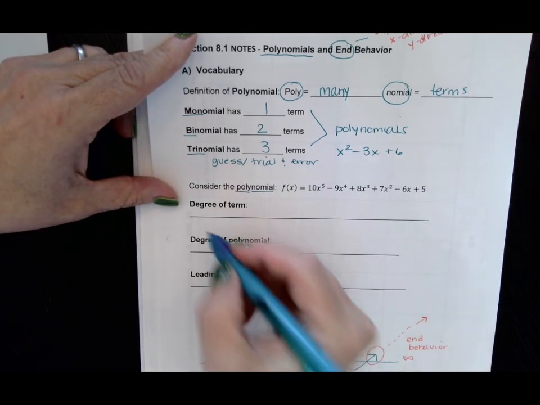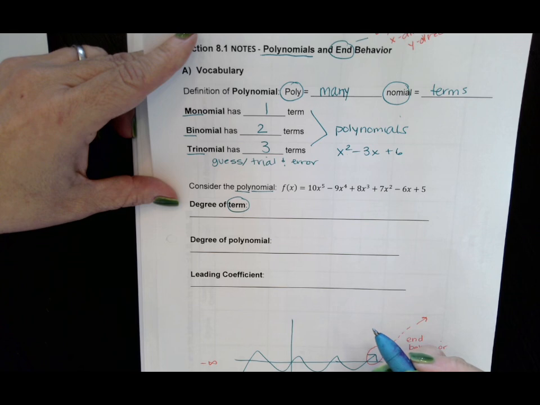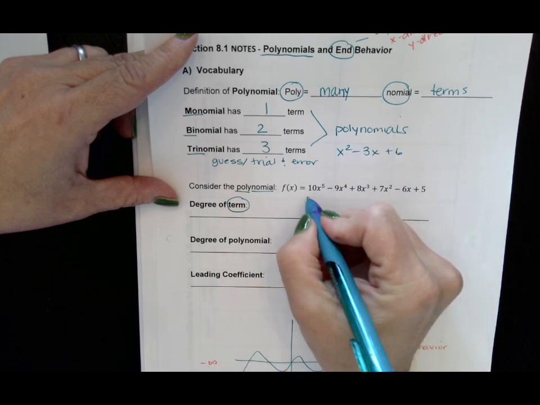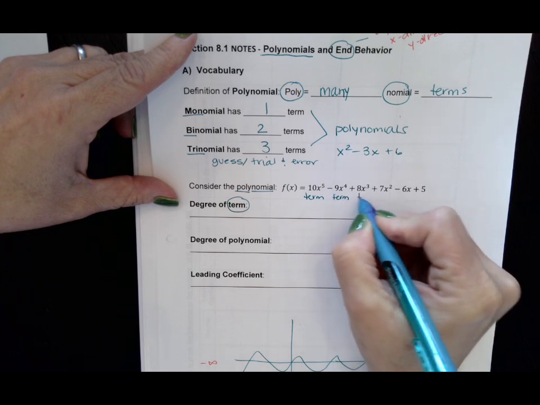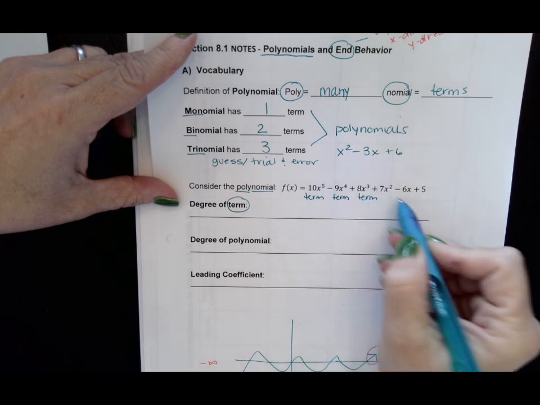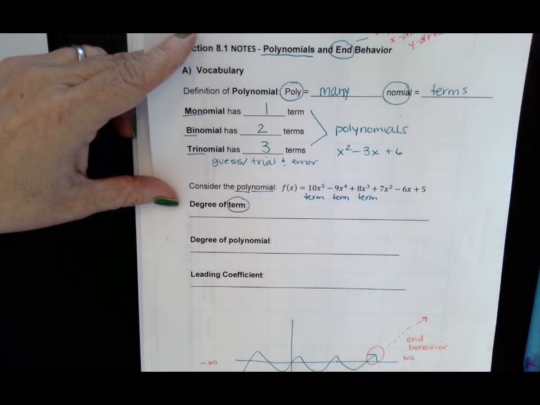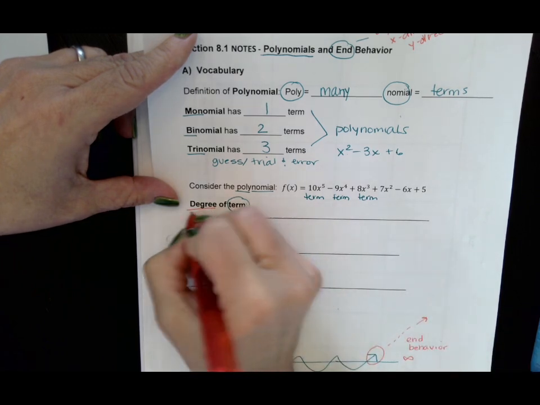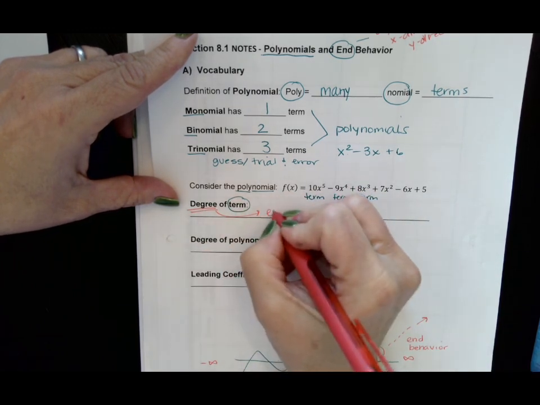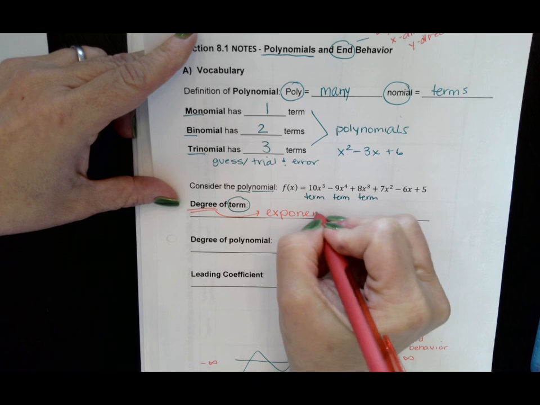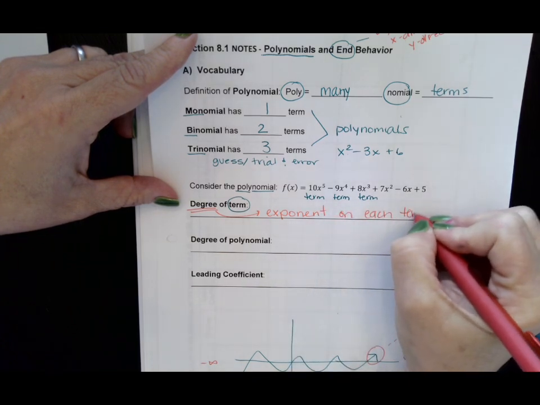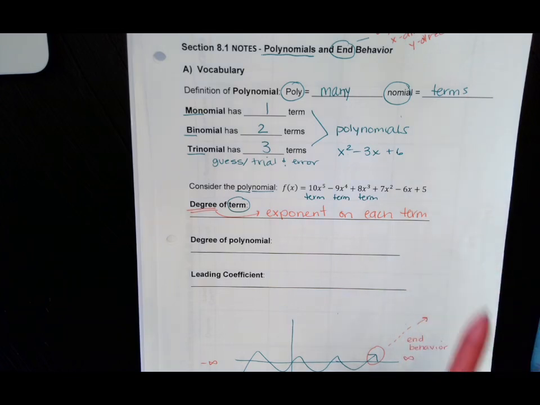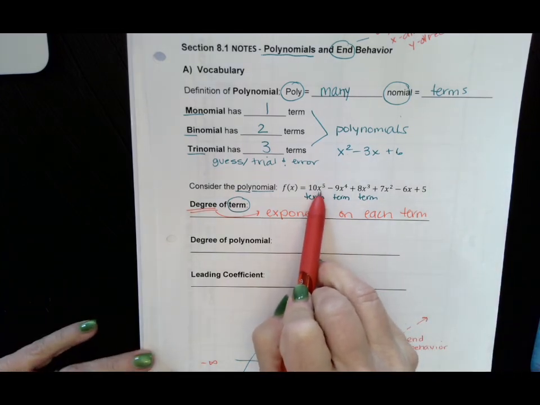And the first thing that we have is the degree of the term. Now, this is a term, and this is another term, and this is another term. So all of these different things are terms. So if we want to know the degree on the term, the degree means the exponent on each term. So what we would say is the exponent on this would be 5.